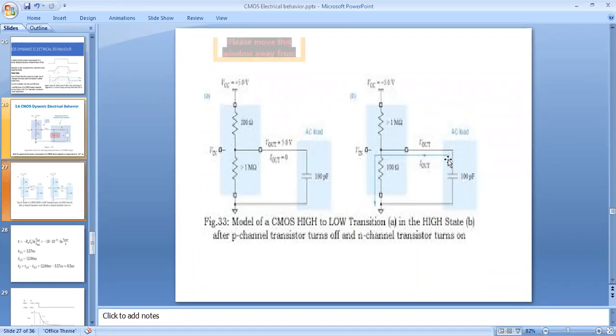If the current enters into the output terminal, it is considered a sink current. If the current flows out of the output terminal, it is a source current. Here we have a sink current, which flows into the output terminal, through the N channel device, and reaches ground. Represent the current direction also.